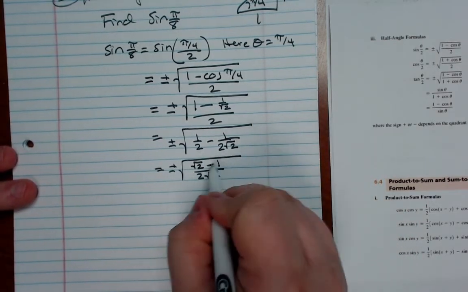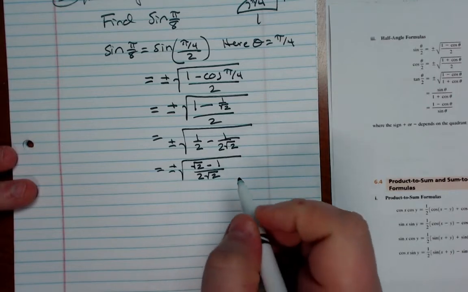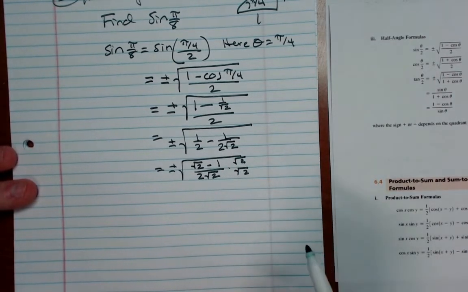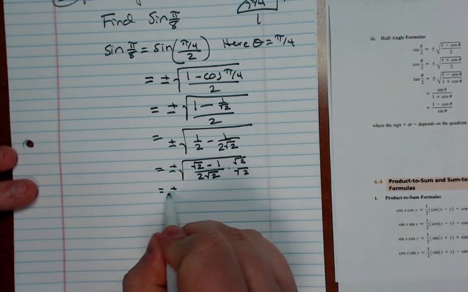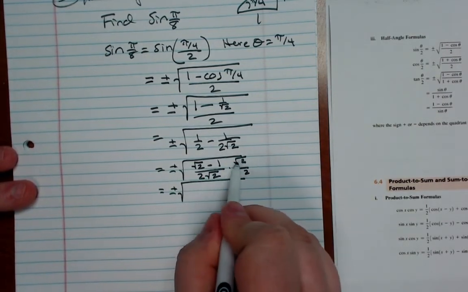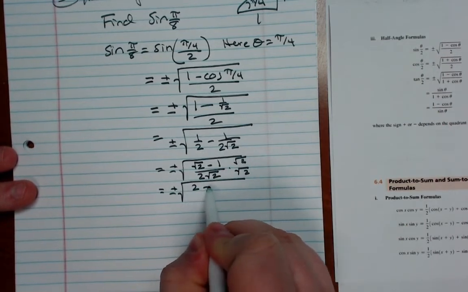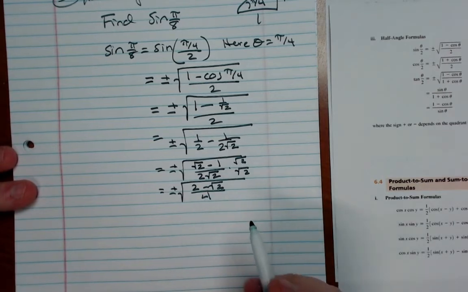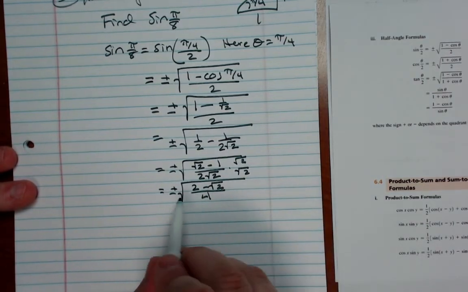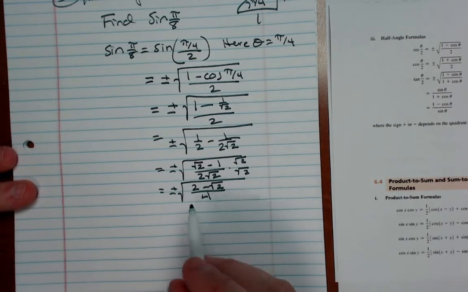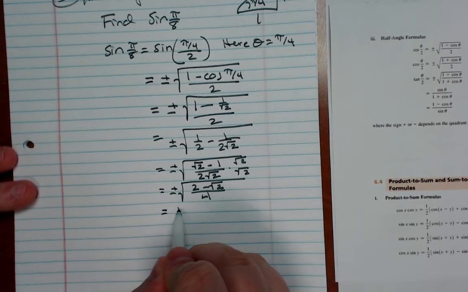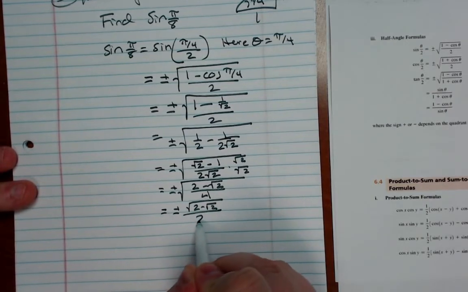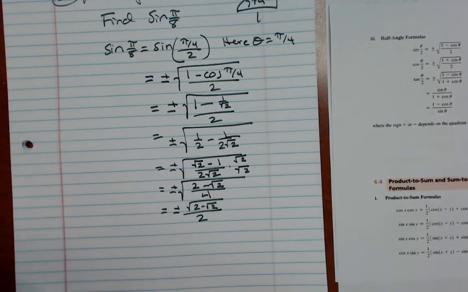Let's multiply the top and bottom by root 2 to get rid of that root 2 in the denominator. Remember, that's called rationalizing the denominator. Root 2 times root 2 is 2, minus root 2 over 2 times 2, which is 4. And the reason I did that is because now I can handle this square root a little bit. Plus or minus root 2 minus root 2 over 2.